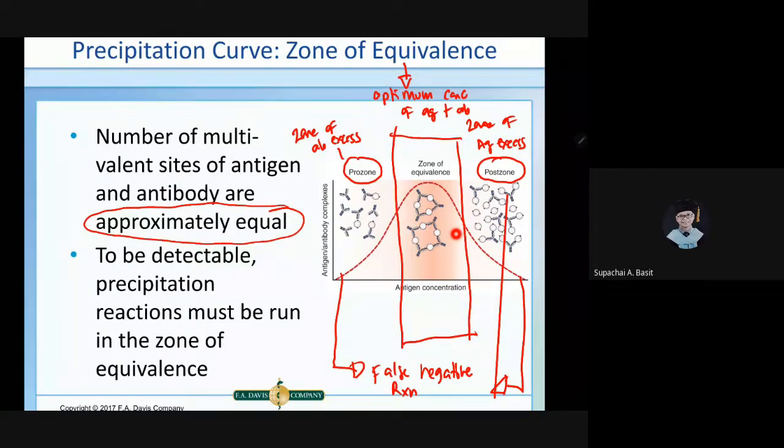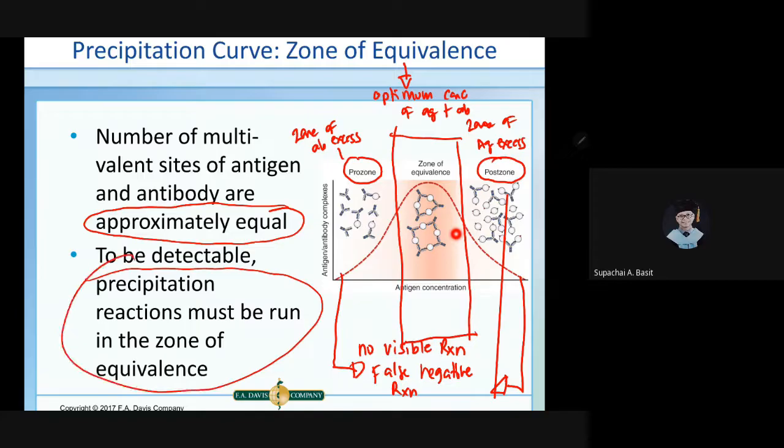If there is a false negative reaction, it means that there is no visible reaction because of too much antibody or too much antigen. Because in order to be detectable, precipitation reactions must run in the zone of equivalence. So if you have too much antibody or too much antigen, then it will not result in the zone of equivalence.